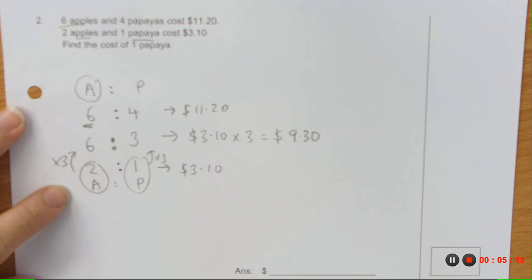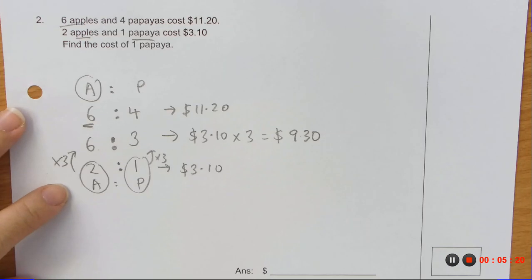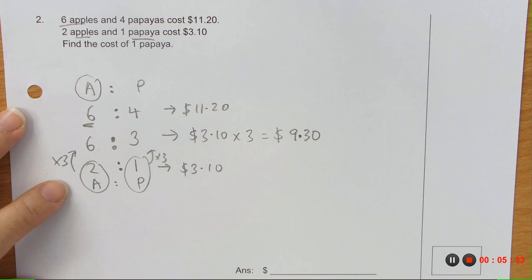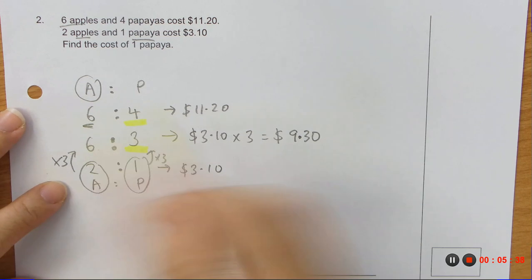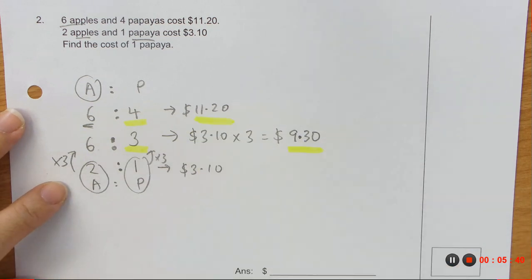Oh, take a look at this. 6 apple to 4 papaya is $11.20. 6 apple to 3 papaya is $9.30. Can I find papaya now? I just take 11.20 minus 9.30. Isn't it?